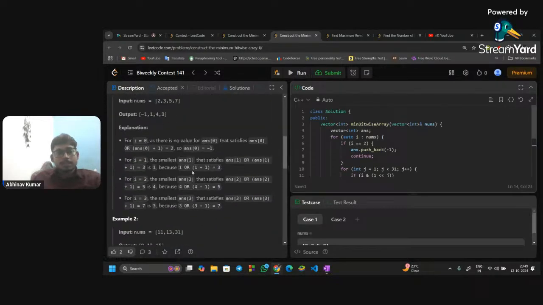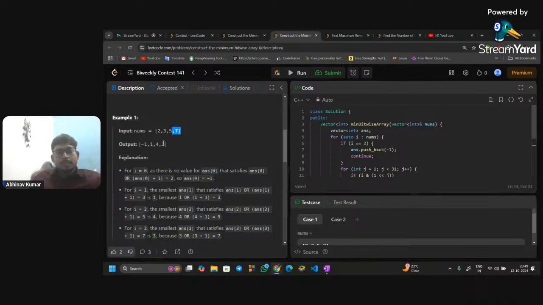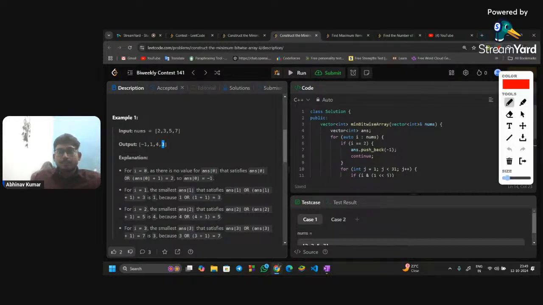Like for the 7, x equal to 3 was okay, x equal to 6 was okay, but x equal to 4 and 5 were not okay. So if you try to draw it, for 7, x equal to 1 was not okay, x equal to 2 was not okay, x equal to 3 was okay, x equal to 4 was not okay, 5 was not okay, 6 was okay.